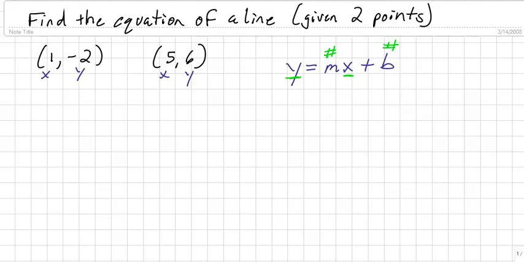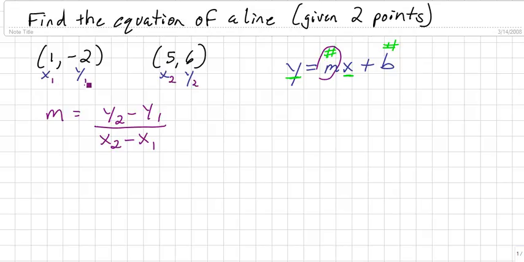Well, the first thing is, when given 2 points, we're able to find out the slope between the 2 points, and that's one of the numbers we need to find out. So remember, to find a slope between 2 points, we use y2 minus y1 over x2 minus x1. In this case, I'll call these my x2, y2, and x1, y1.